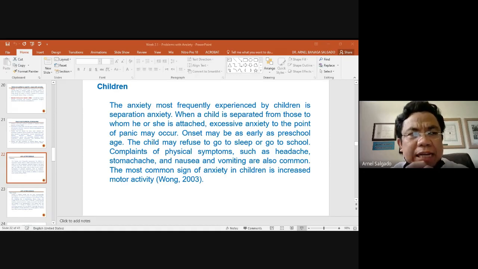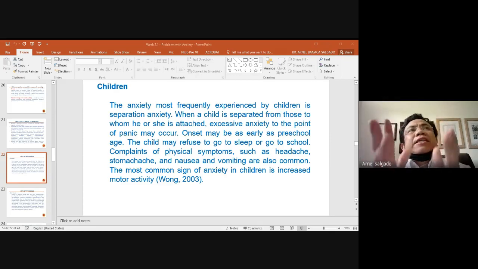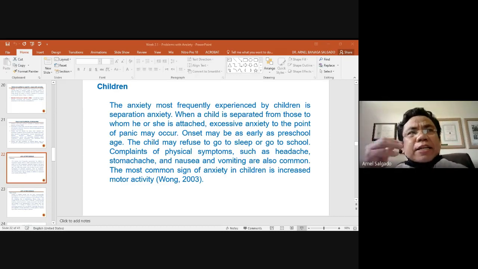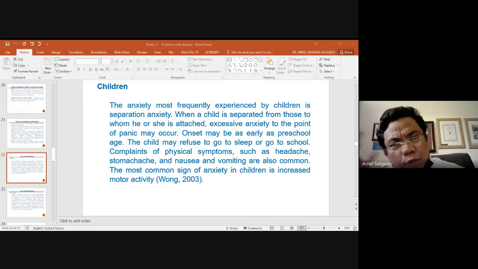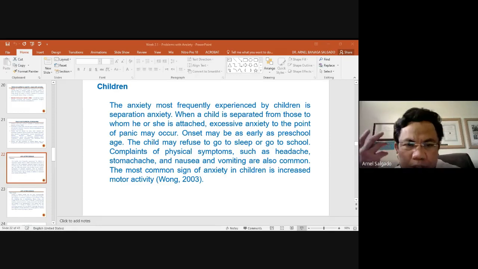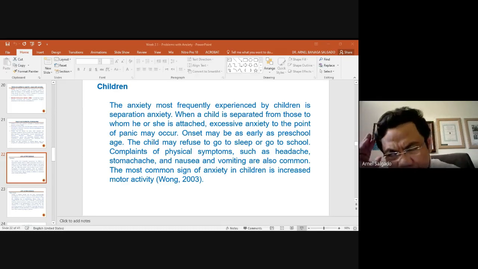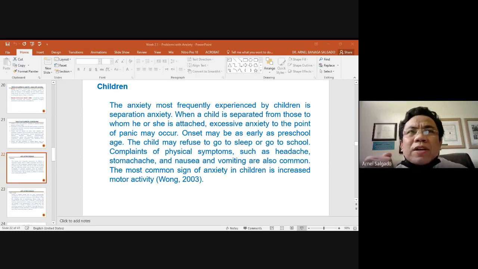Now, when we manage, there must always be a patient outcome. Let's address anxiety in this case. The patient outcome is that the patient, at the end of your interaction, will be able to demonstrate a decreased level of anxiety. That's our ultimate goal. We will not eliminate anxiety. Anxiety will always be there, but at least we will decrease the level of anxiety from severe to moderate or moderate to mild.